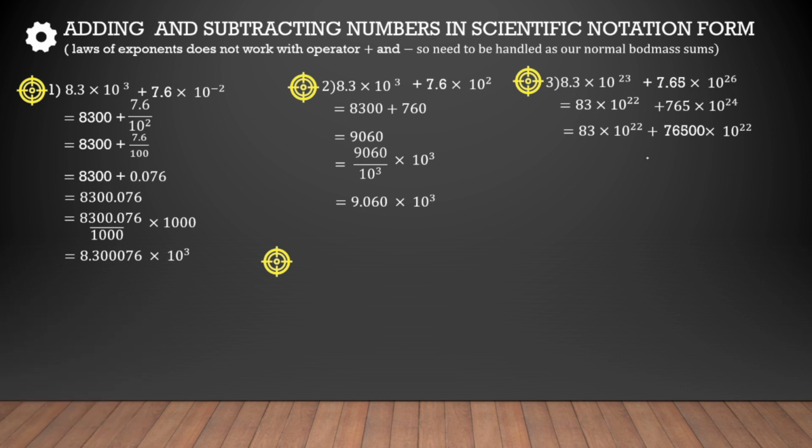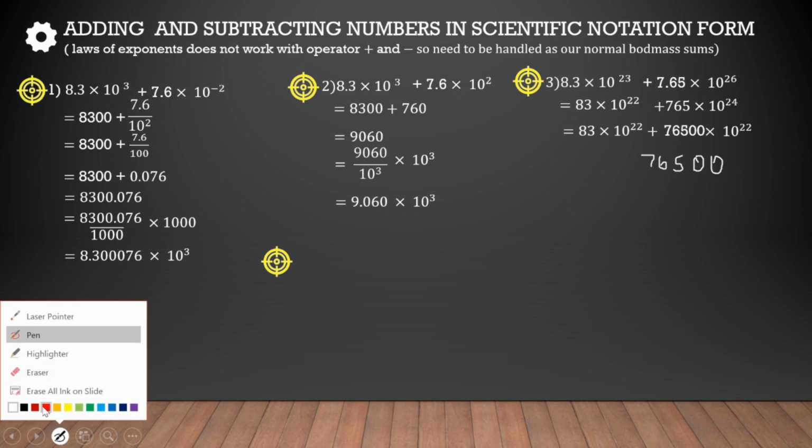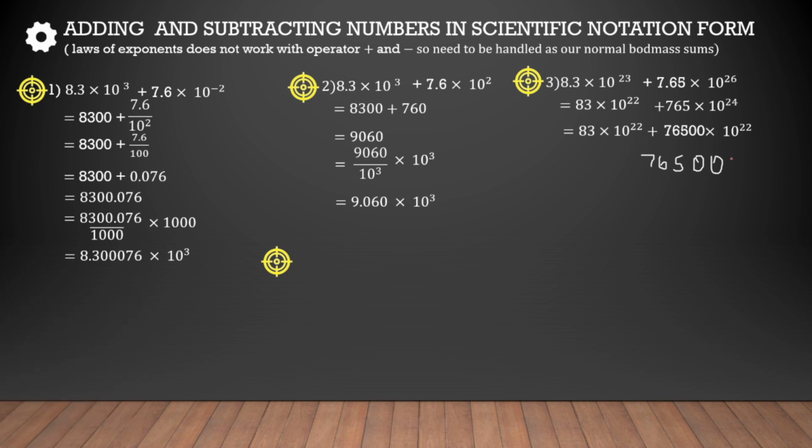You know what this number is? This number is 7, 6, 5, 0, 0 and followed by 22 zeros, no? So there are going to be more zeros. How many zeros? 22, followed by 22 zeros.